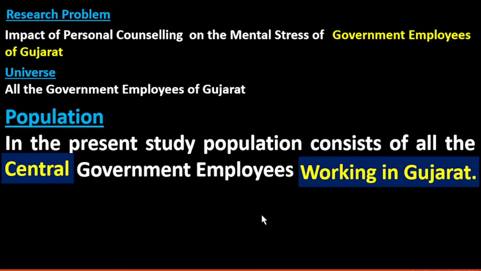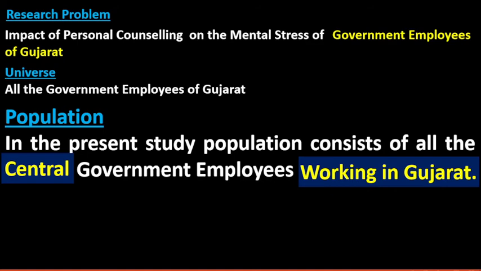Suppose you want to collect data from central government employees who are working in Gujarat. Then the population will be defined in this way: in the present study, the population consists of all the central government employees working in Gujarat. In this case the researcher has to collect data only from central government employees working in Gujarat, and the findings of this research will be applied to central government employees working in Gujarat. In this way, the researcher has to be careful while defining the population.